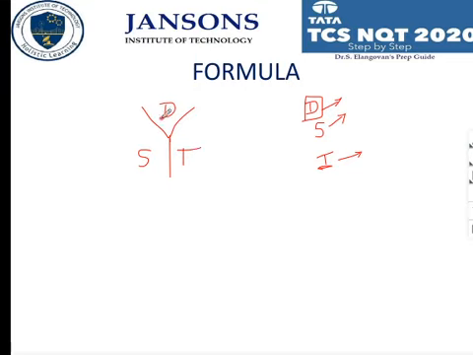Distance is equal to speed into time. Time is equal to distance by speed. Speed is equal to distance by time. This is an easy method to remember.